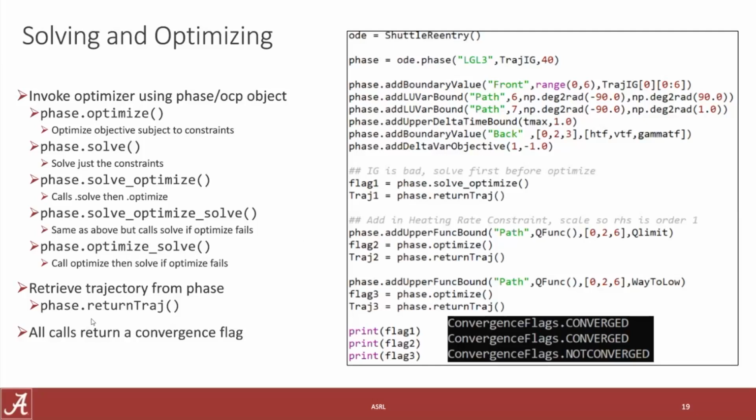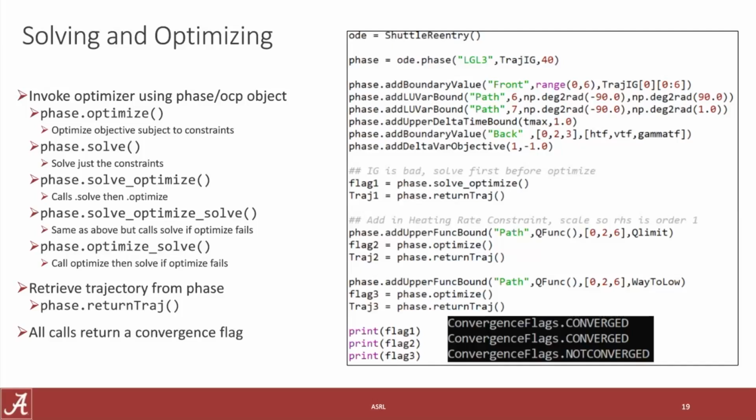You use phase.return_traj, and it will return the segments that have been optimized or solved as a new list of time histories of your trajectory. So once you run optimize, if you want your solution out, you need a data storage that can expect the return traj to now have a list of your time histories.